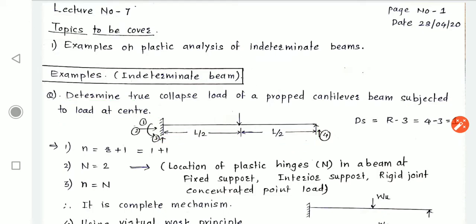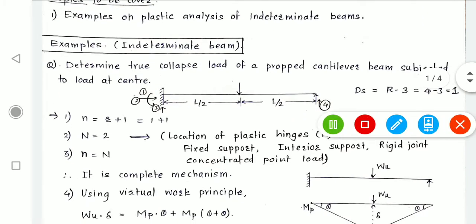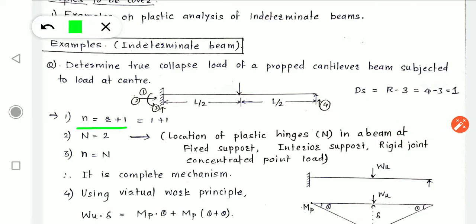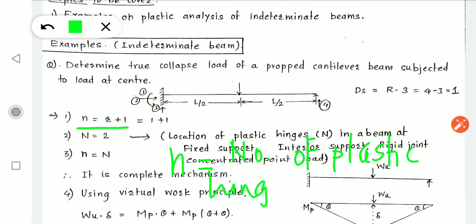Now in the steps we can see the very first step is calculation of small n. Small n, as I explained in the previous lecture, is the number of plastic hinges required for the collapse mechanism.